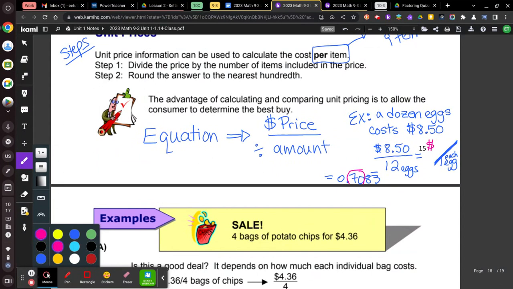If I'm rounding, what does the 8 make the 0 do? It's going to add 1. Okay, so we're going to get 0.71. So that tells me that it costs 71 cents for one egg.